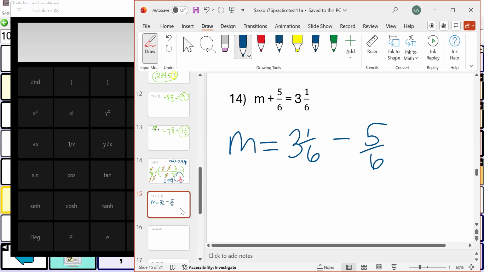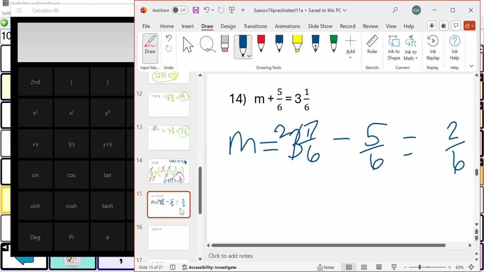Okay, that's similar to the problems we just did. And since the fractional part is bigger on what's being subtracted, I'm going to borrow from the whole number here and turn this into 7/6. So then we have 7/6 minus 5/6 is 2/6.